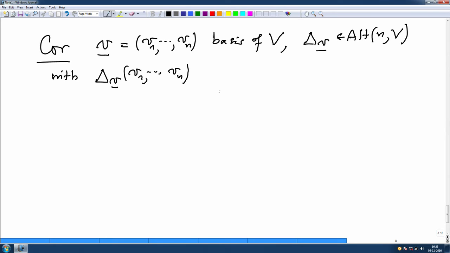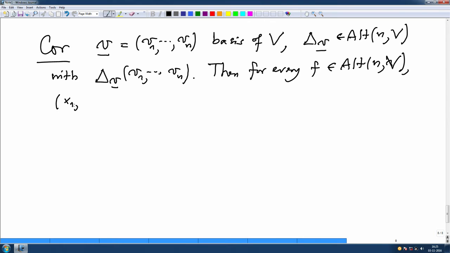Then for every f in Alt^n V and every tuple x1 to xn in V^n, we can write down the value of f on this tuple.